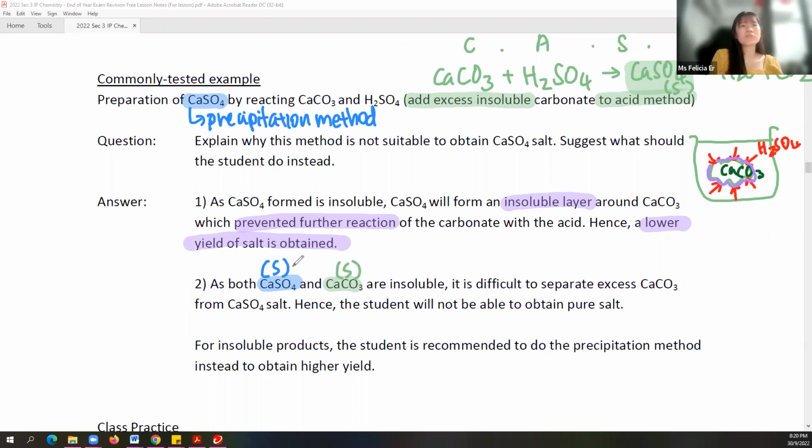So it's very difficult to separate two solid things, and one is wrapped as a layer around the other. How do you obtain only the outside layer without accidentally scraping the inside layer of the calcium carbonate? So it's very hard for you to separate them. That's why it's not recommended to use this wrong method. So for an insoluble product, as mentioned, you are supposed to use the precipitation method.